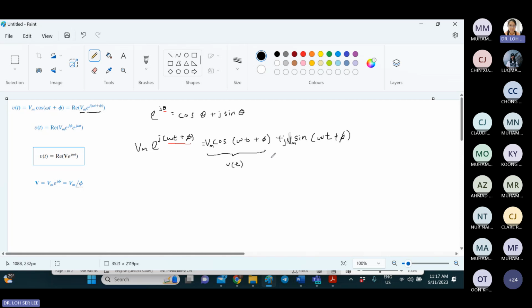Your sinusoid is actually the real part; this is the real part, this is the imaginary part. So your v(t) is we just take only the real part of this one, right?